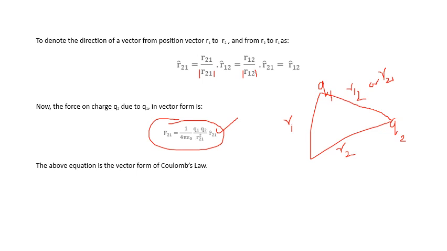The unit vector is used because on the left hand side you are using a vector quantity, but on the right hand side the quantity is not a vector. To add this vector notation, we have used R21 cap here. This is called the vector form of Coulomb's law.